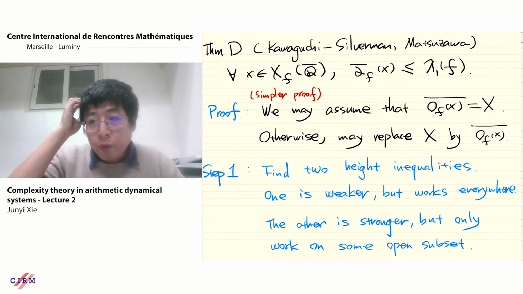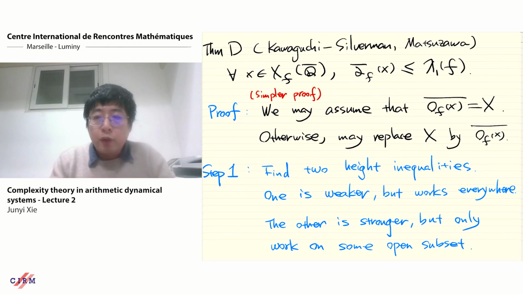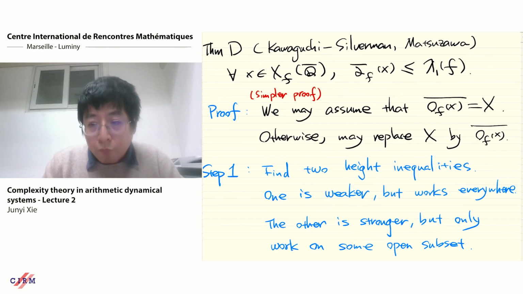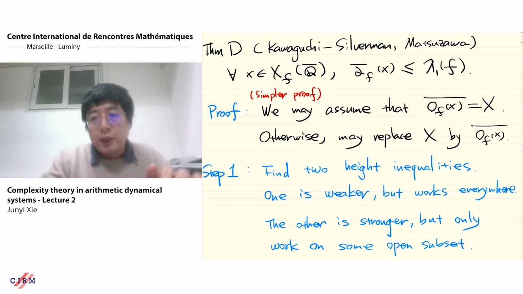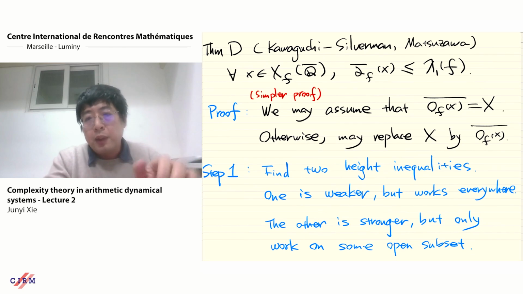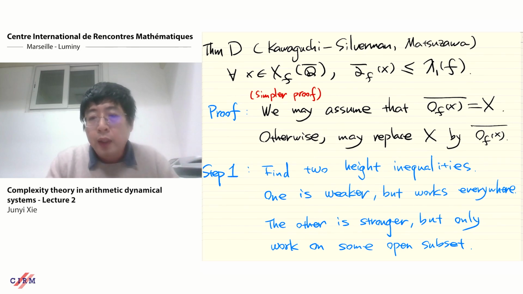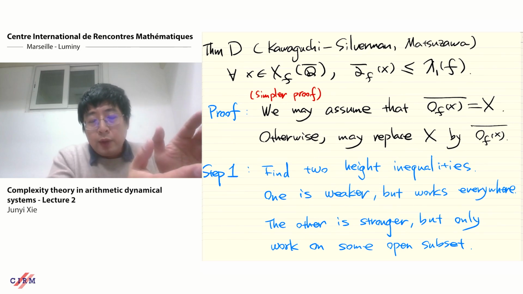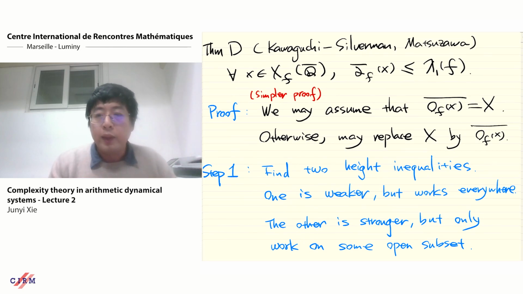You can think of it like this. For example, if you are a student taking an exam, there are some questions which you know how to do, and there are also some questions you do not know how to do. The strategy is that for questions you know how to do, you do them very carefully, so you get a good bound.